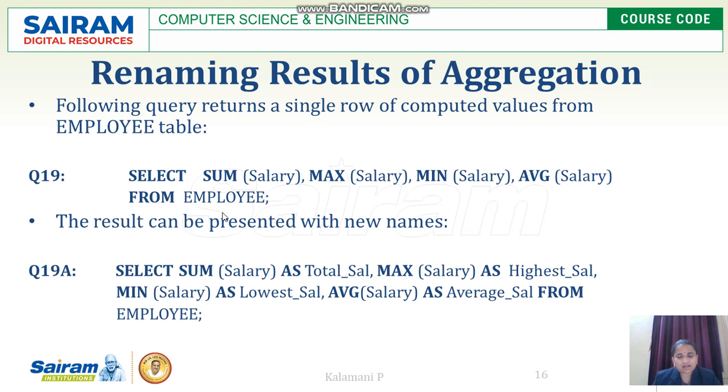Already we know how to rename the attributes, so sum of salary as total salary, maximum salary as highest salary, minimum salary as lowest salary, average salary as average sal. Like this I can specify using AS.